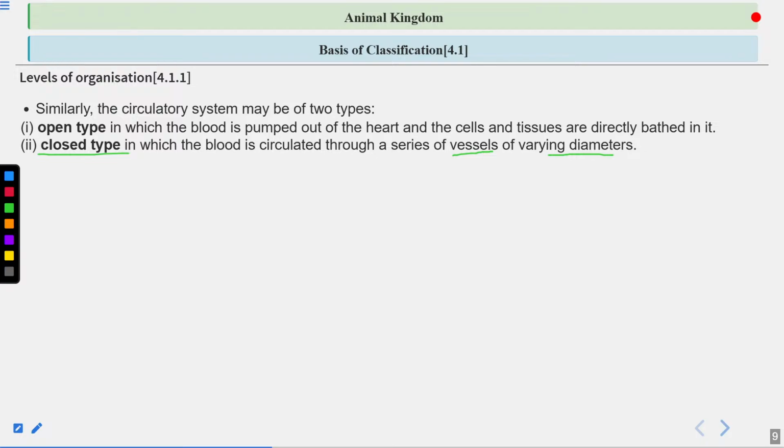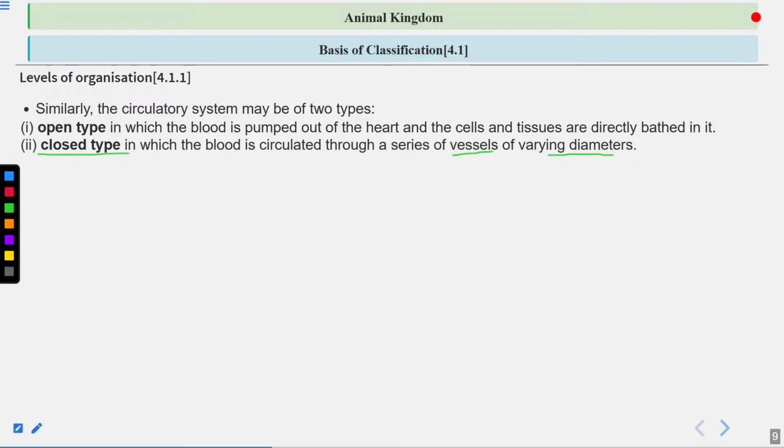But when you move to some of the higher organisms, even annelids, you will see that they have blood vessels, a closed circulatory system. In our body, the blood flows in a closed circulatory system. We have definite arteries and veins.